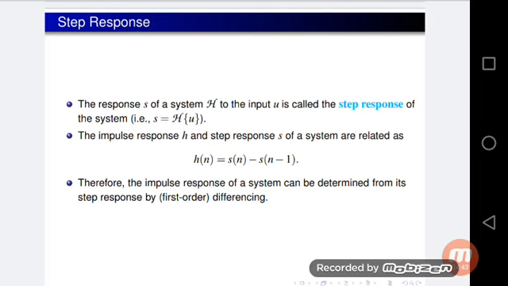The impulse response h and step response s of a system are related as h of n equals s of n minus s of n minus 1. Therefore, the impulse response of a system can be determined from its step response by first order differencing.